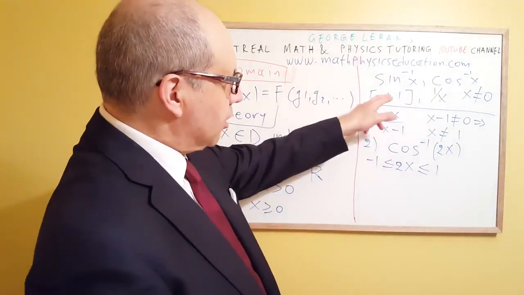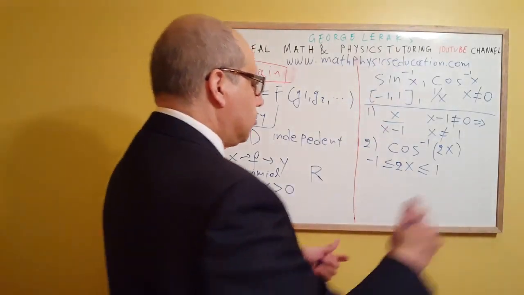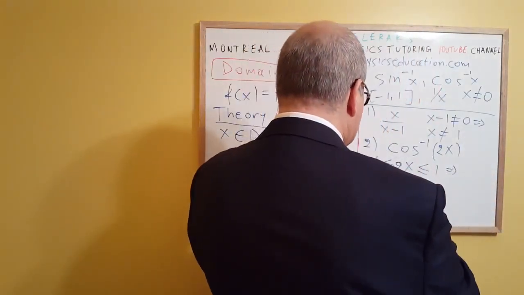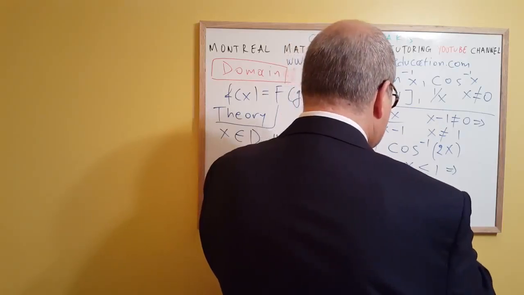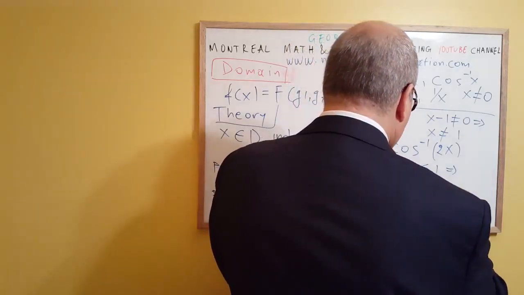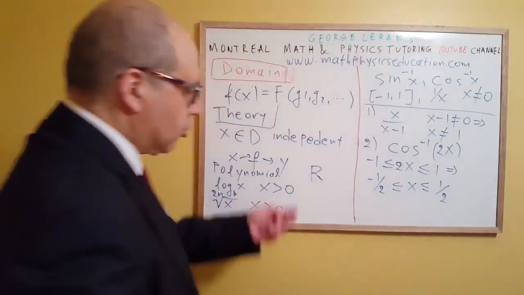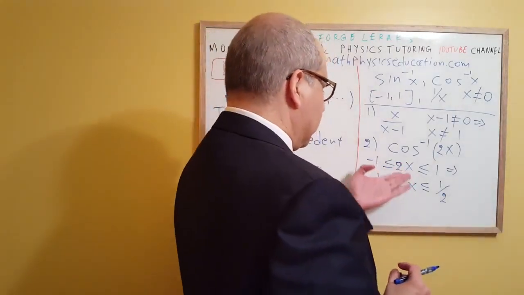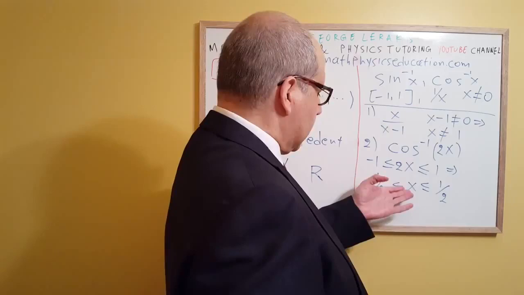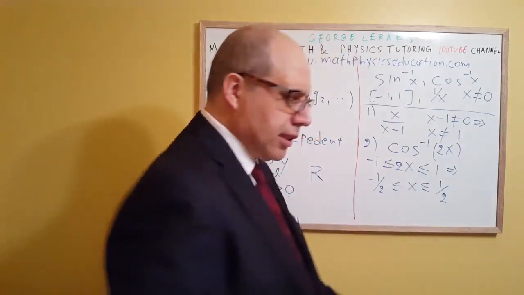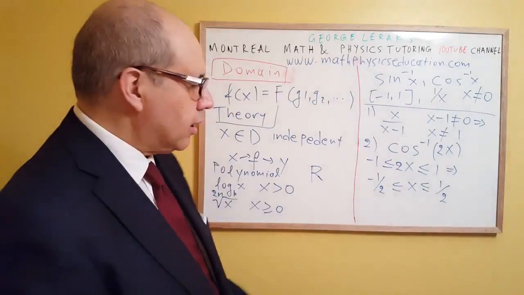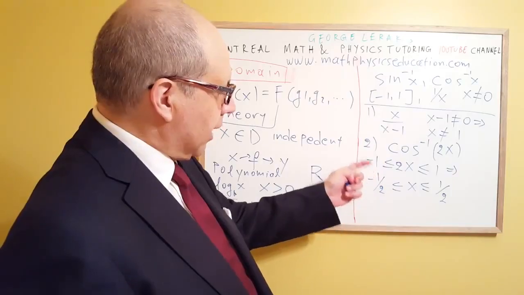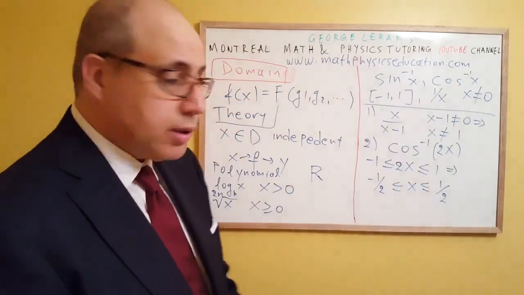So 2x has to be between -1 and 1. Very simply, if you divide both sides by 2, that means that your x has to be between -1/2 and 1/2. Here, of course, since you divide by a positive number, the inequality sign stays as it is on both sides of the inequality. So the domain of this function is all the real numbers between -1/2 and 1/2 included.